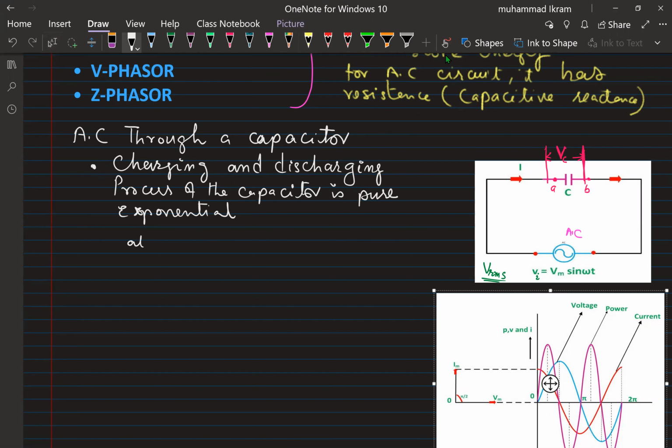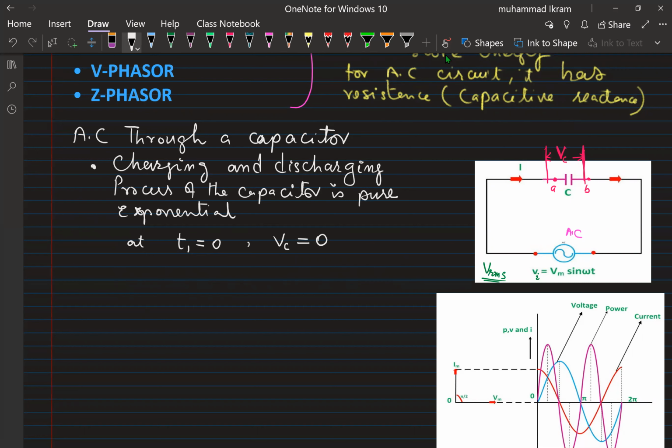At t1 equal to 0, the voltage across the capacitor, this Vc, will be 0 when you close the circuit, because the current has to rise, and at that point the capacitor's potential difference is 0.